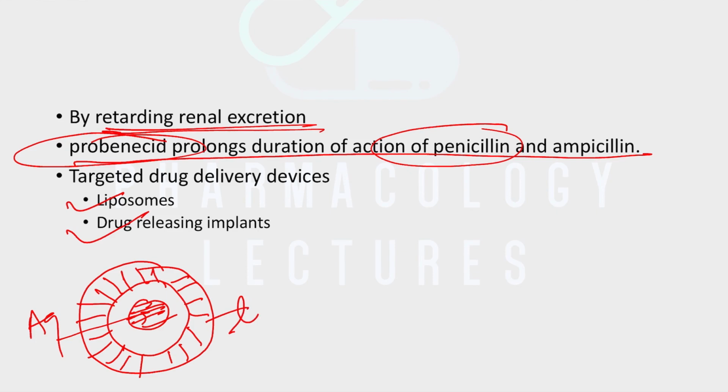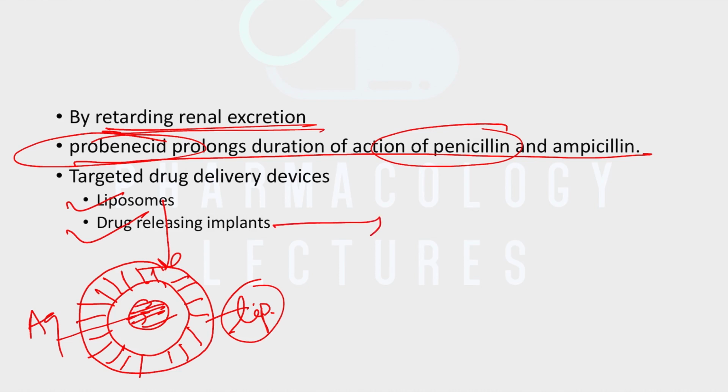So the aqueous core and this lipid bilayer eventually make these liposomes, and we can deliver these liposomes to the targeted site, to the particular site, so that the duration of action increases and more drug reaches the target site.